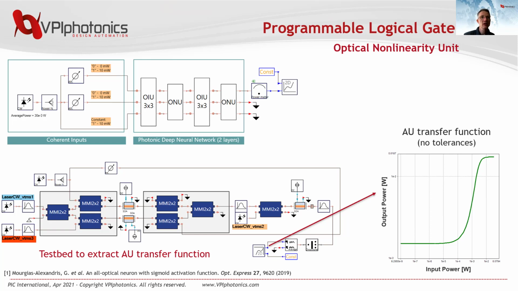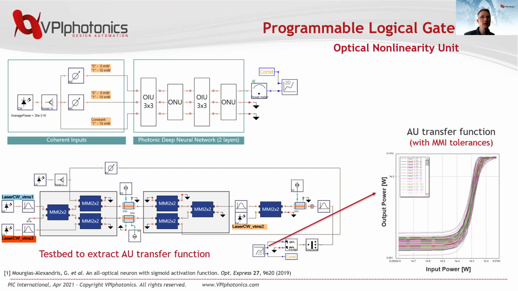The result shown here is created for when all the deployed MMIs show the nominal device characteristic. And here we see the transfer function of the AU, how it would fluctuate when MMI tolerances occur. Clearly, an automated power adjustment has to be introduced before each OIU to compensate for these random power variations.